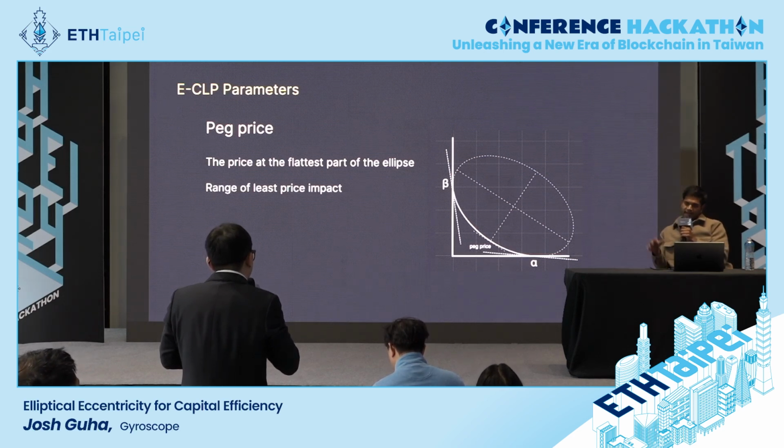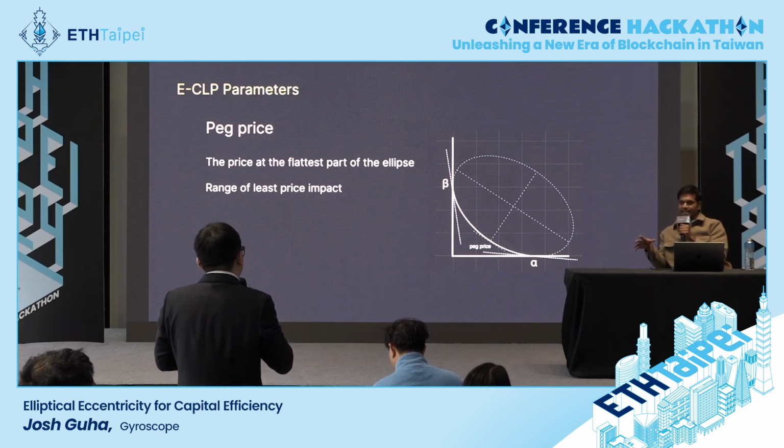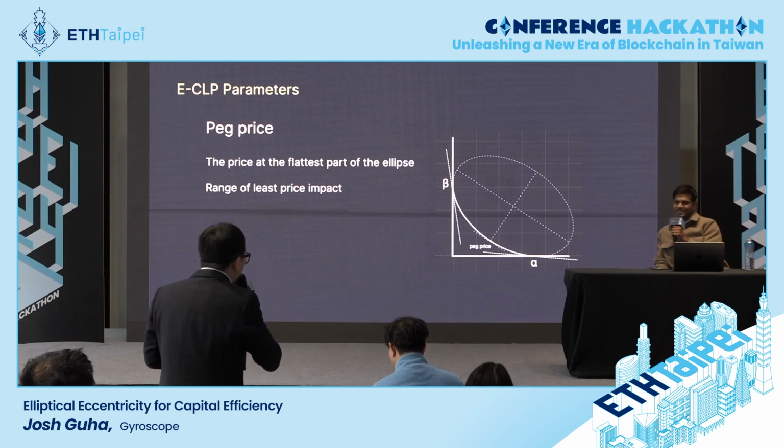And one of the aspects of Balancer's vault is that you have to specify a minimum or maximum allowed slippage. So this helps mitigate sandwich attacks, because if the price is too far away from what you expect it to be, then the transaction just won't go through. Does that answer the question? Okay. Thank you.